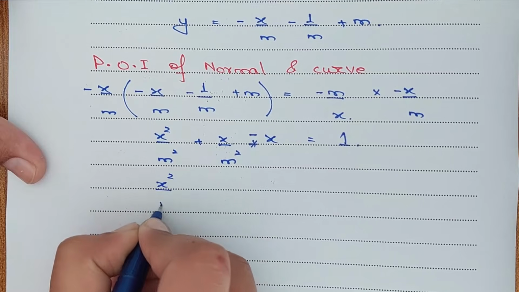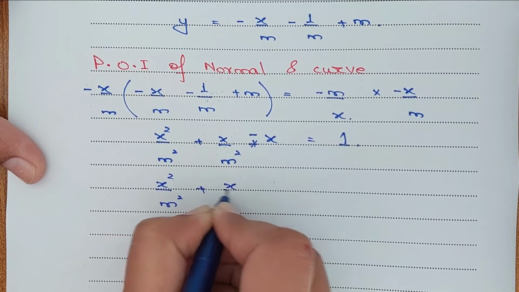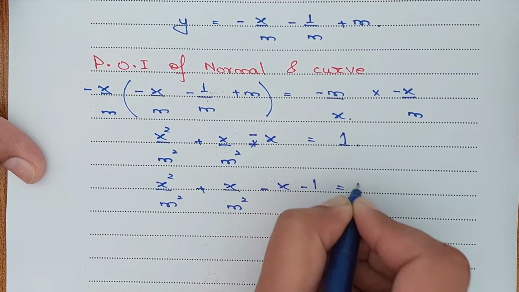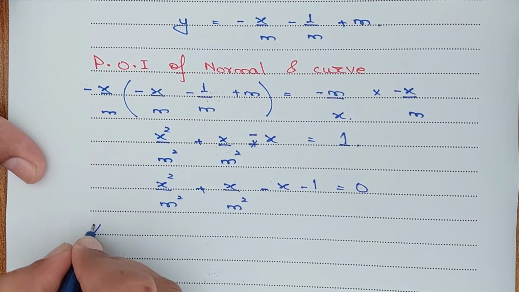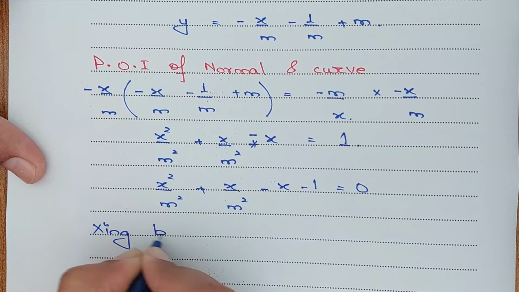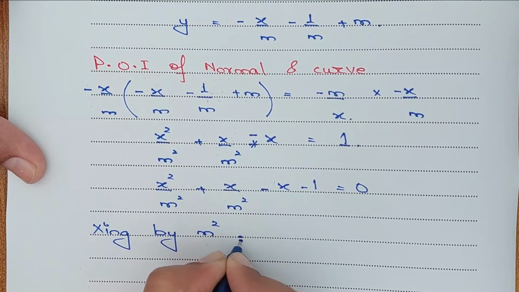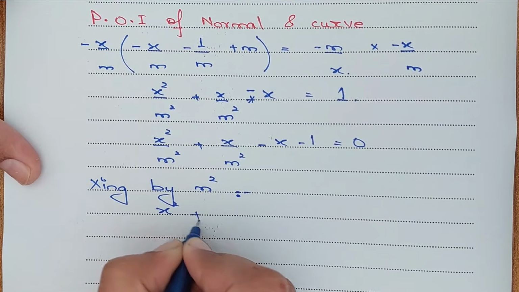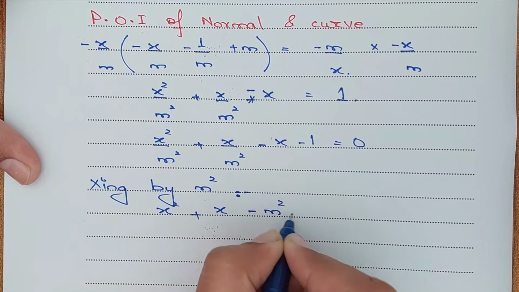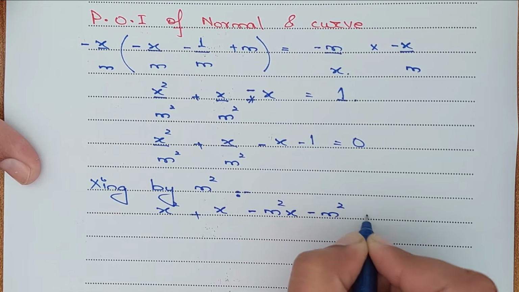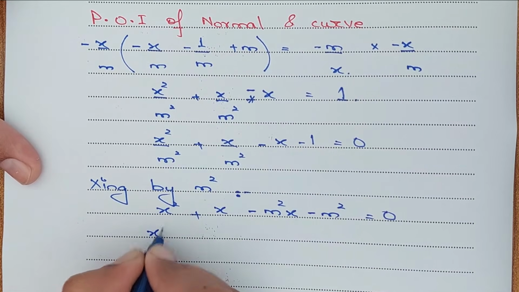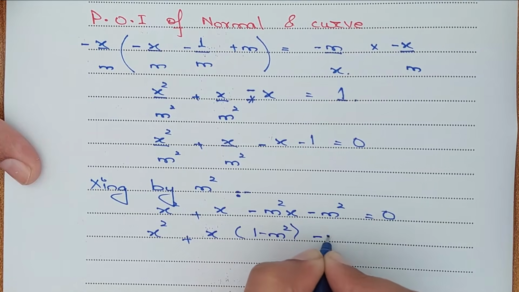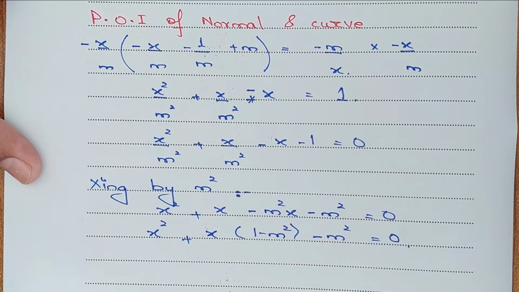Now x squared over m squared plus x over m squared minus x minus 1 equals 0. Now we have to multiply by m squared, right? So if I multiply by m squared, we have x squared plus x minus m squared x minus m squared equals 0, right? So x squared plus the x coefficient, which is 1 minus m squared, and the constant is minus m squared. This equals 0, right?